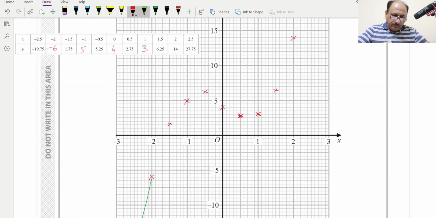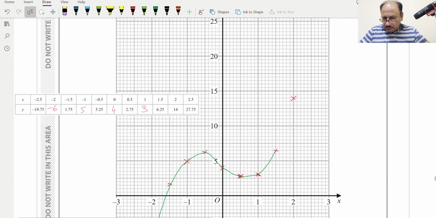Now we got the proper positioning, and we can draw over here like this one, smoother curve, and from here also like this one. So this will be the smoother curve, and we can join this as well.